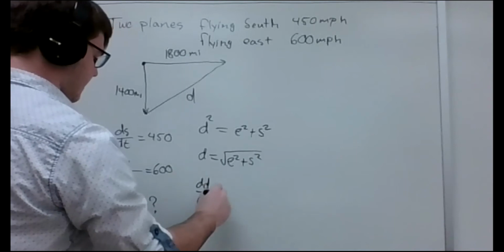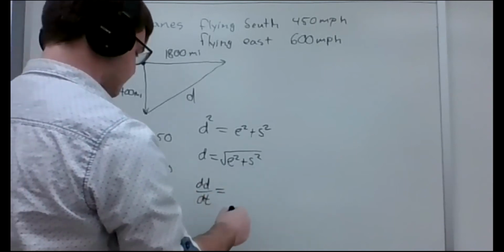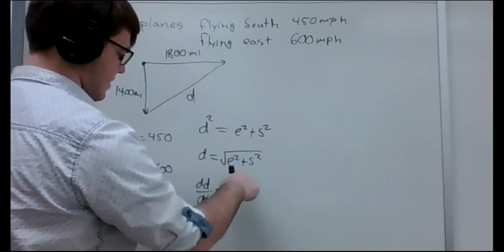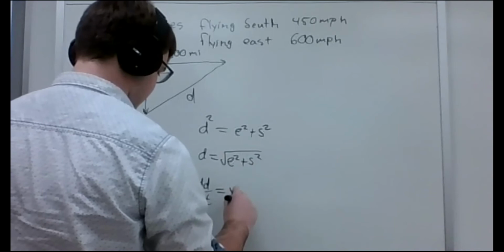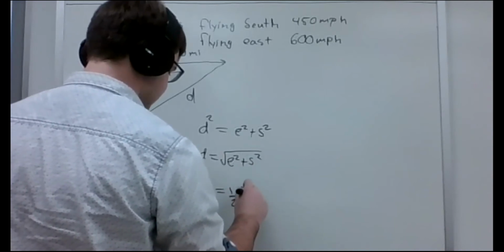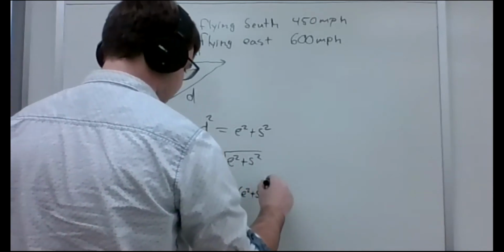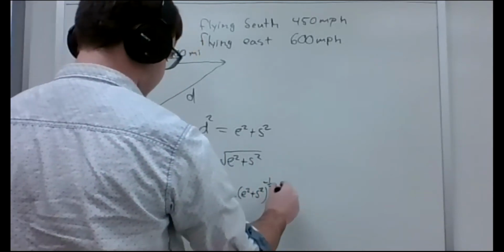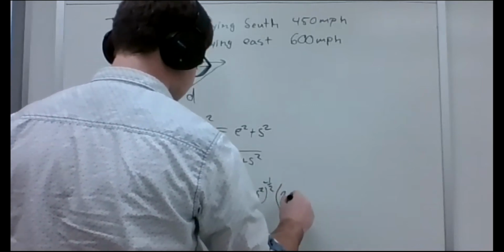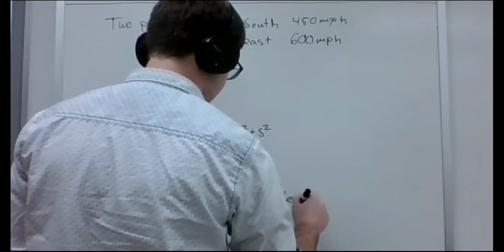But so we treat this as the y variable where we get this dD dt over dt, right. And then we're going to treat these variables the same as this, right? So we're going to have to do a chain rule because this is inside a function, right? So we're going to end up with 1/2 times (e squared plus s squared) to the negative 1/2. And then we have to chain this, right? So we have to multiply this by the inside function. So that's 2e dE dt plus 2s ds dt.